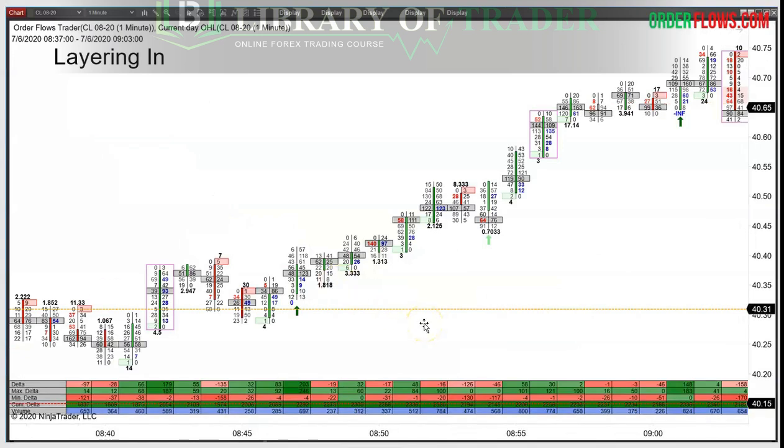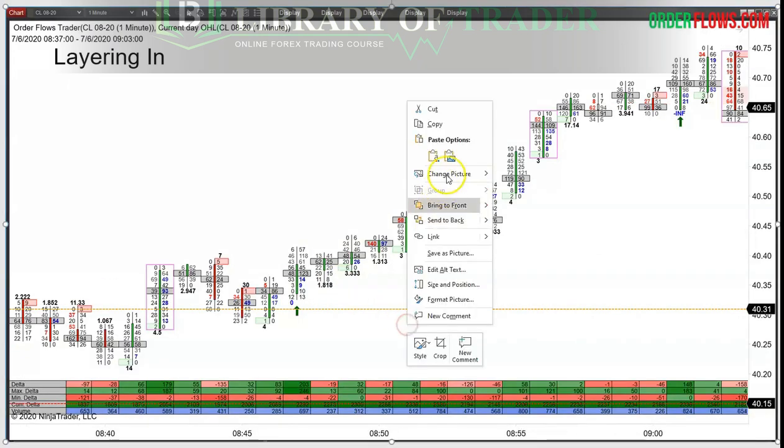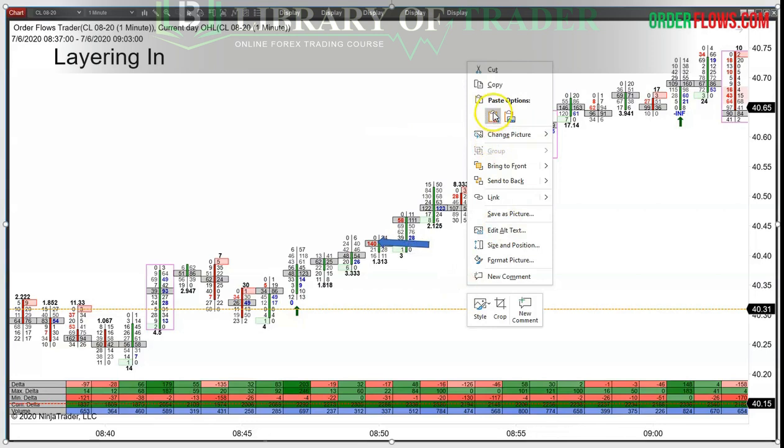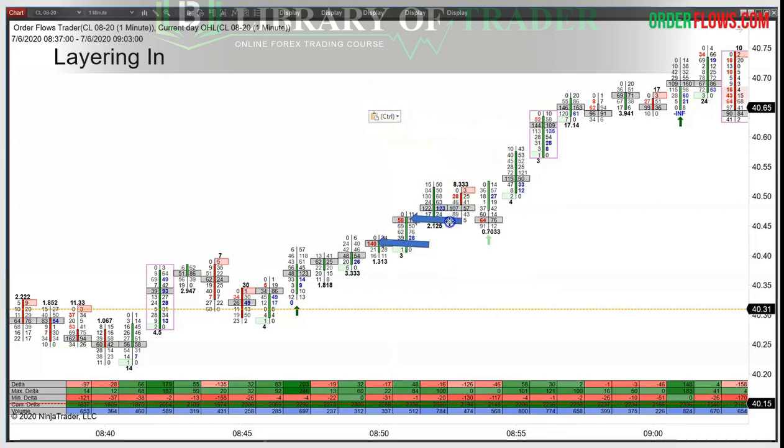Okay, layering in. This one's a bit spread out, but this one is beautiful. You see here, the selling imbalance, selling imbalance, selling imbalance. This one I'm not too concerned, it's 5 against 1, but here 140, 58, 64, as the market's going up.